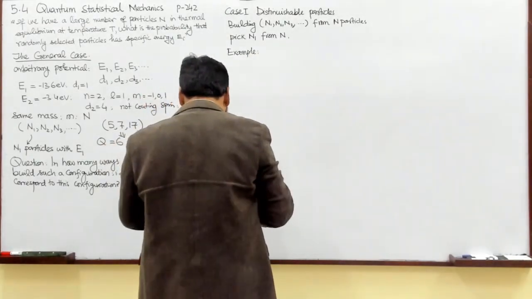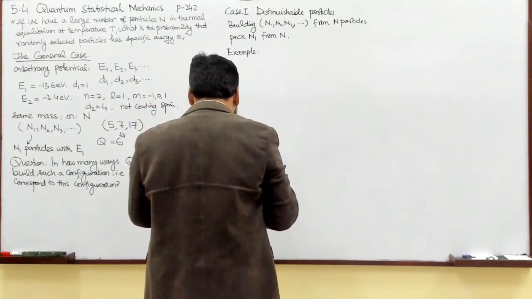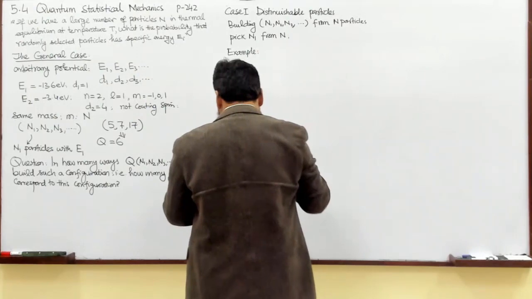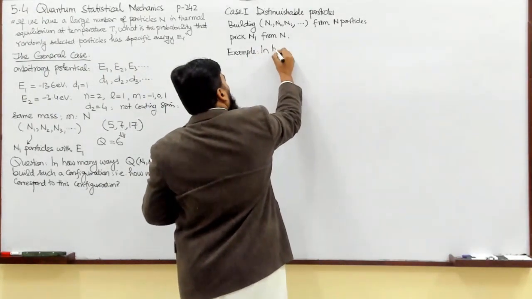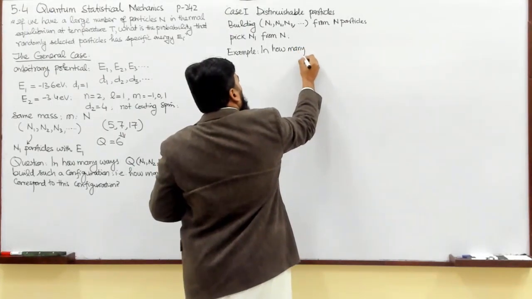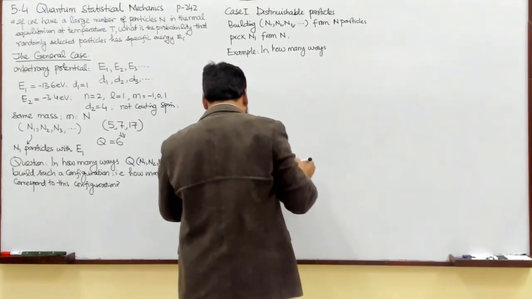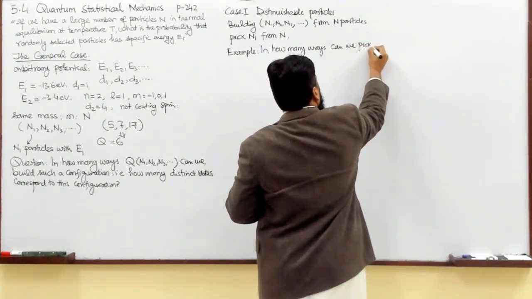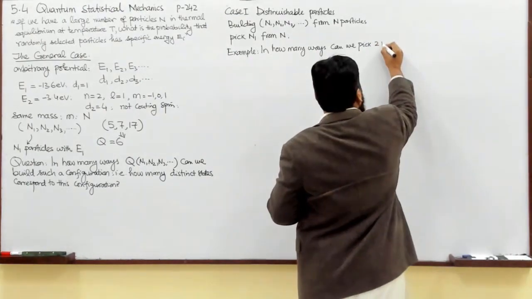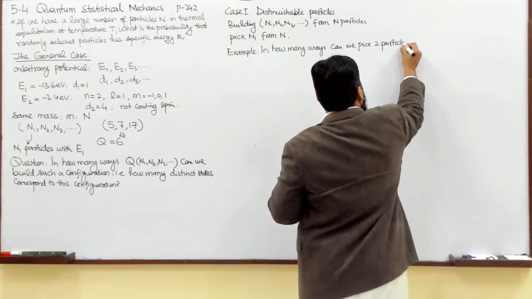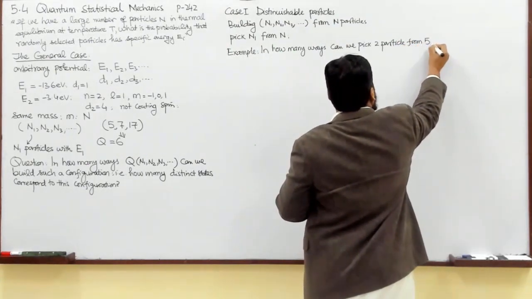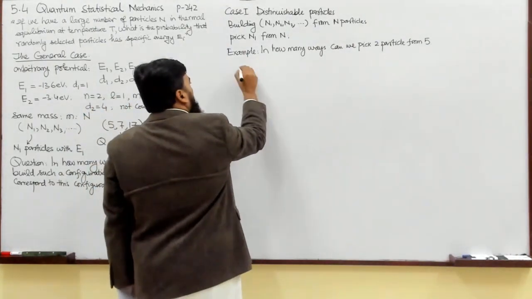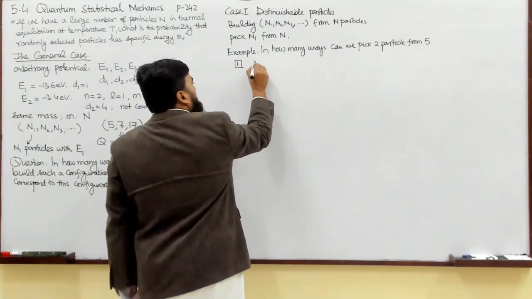Let's consider an example: in how many ways can we pick 2 particles from 5 particles?